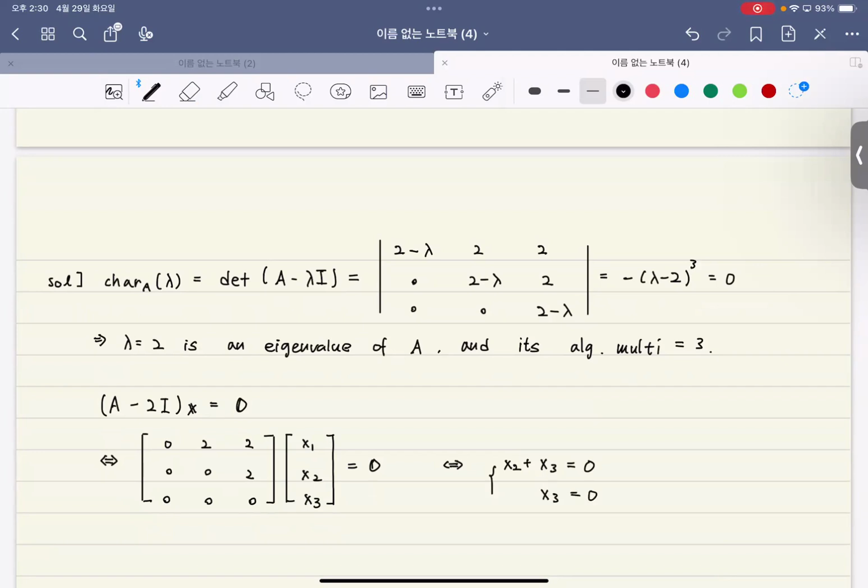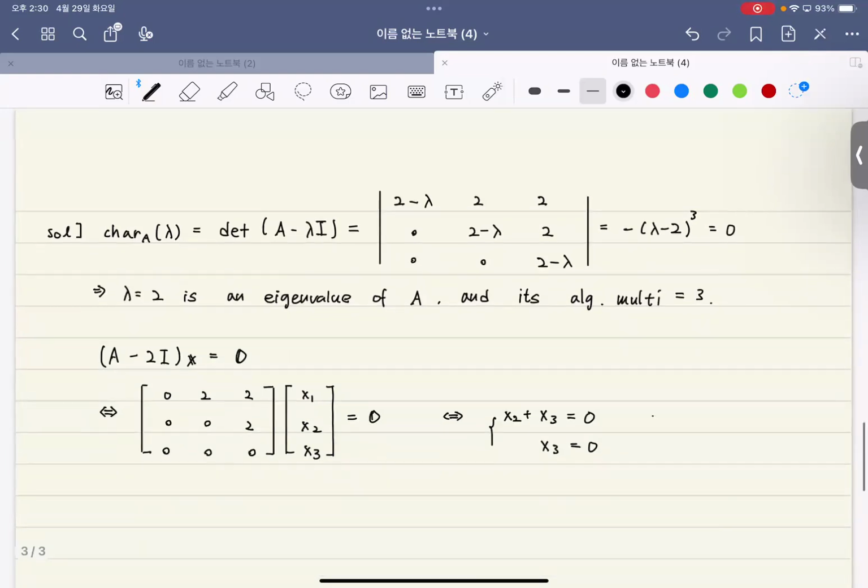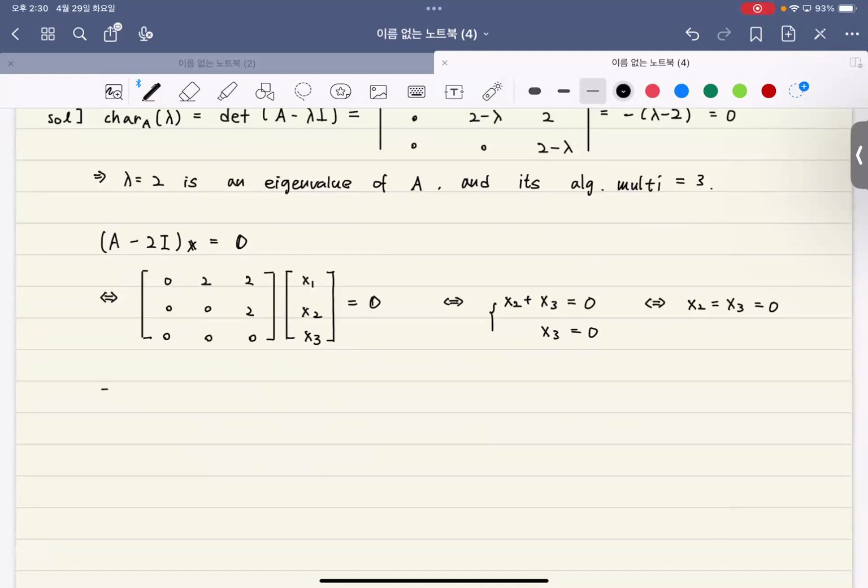So I get two equations. x3 equals 0 implies x2 also has to be 0. So x2 and x3 are both zeros. Therefore, the eigenvector is just (x1, 0, 0).